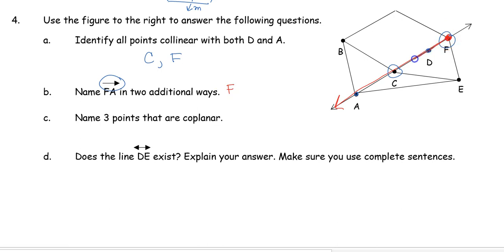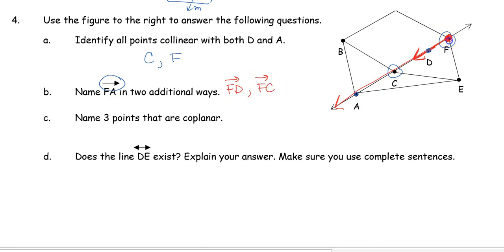Now I can go to F to D because it's extending forever towards D in that direction. It's not going to stop at D, it's going to go forever and eventually get to A. I could also say that's ray FC.